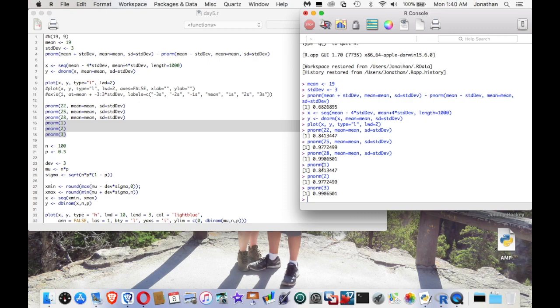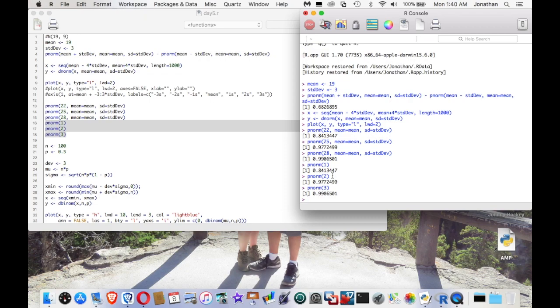So the second set of 3 values is the pnorm for a normal 0, 1 random variable. So mean 0, standard deviation 1. And this illustrates very nicely what we were saying, that whenever you're given a normal random variable, if you subtract the mean and divide by the standard deviation, you collapse your normal random variable with whatever mean and variance you were given down to a normal 0, 1 random variable.